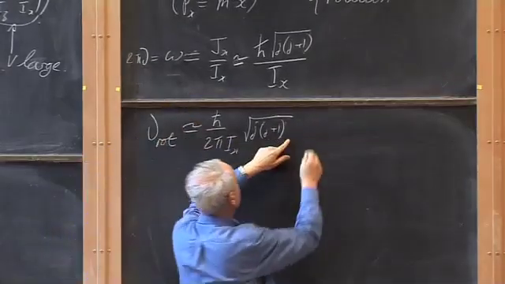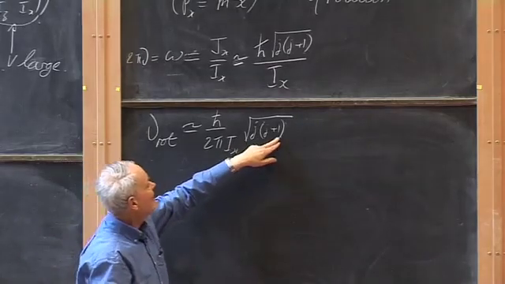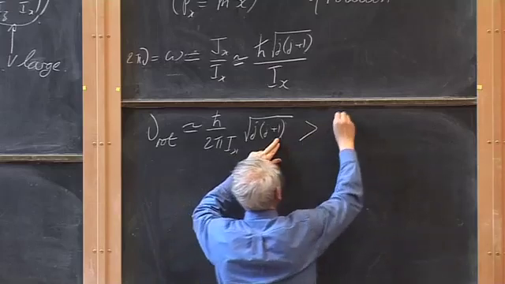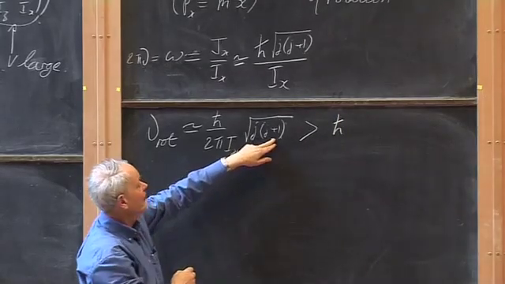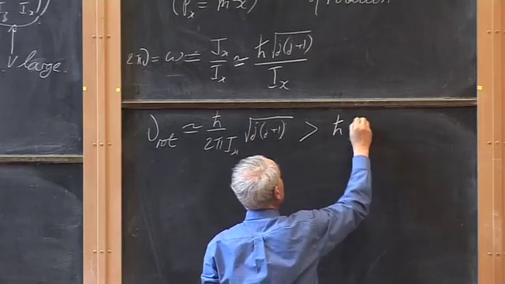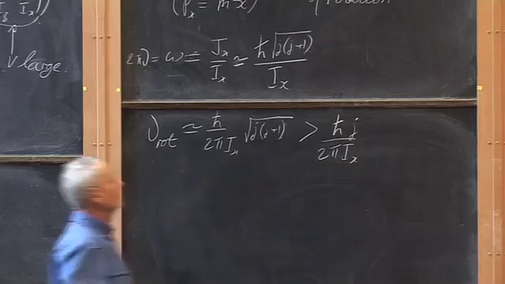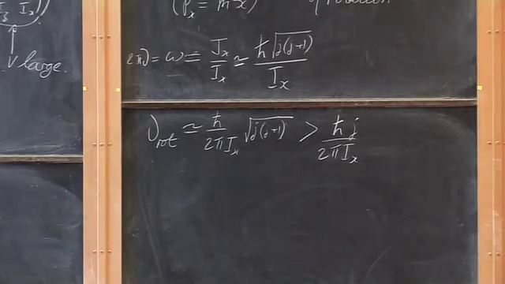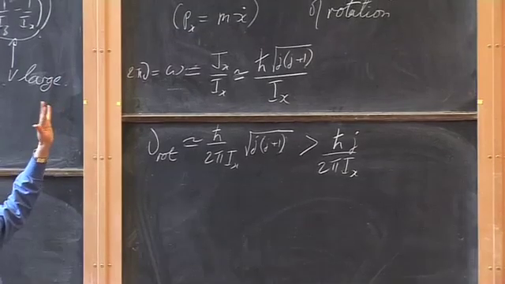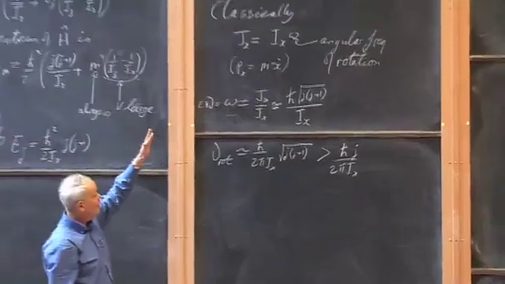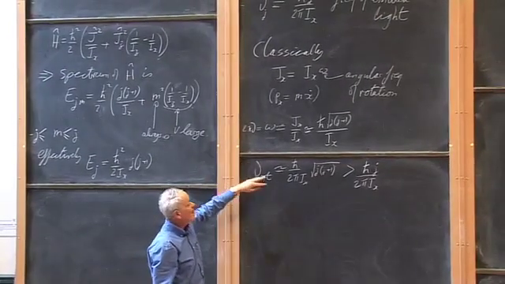So what can we say? This is greater than, just a bit, if j is a larger number, it's only a smidgen bigger than h bar j over 2 pi I_x. So in its upper state, when it had total angular momentum j plus 1 h bar squared, the rate at which it was tumbling was a bit larger.